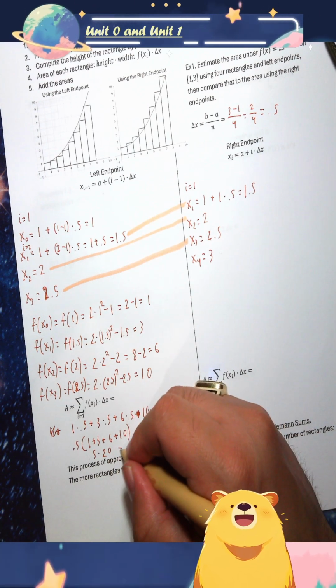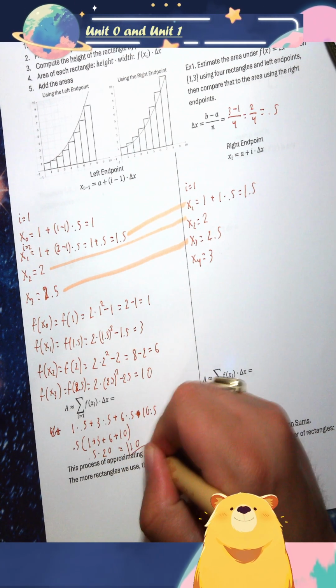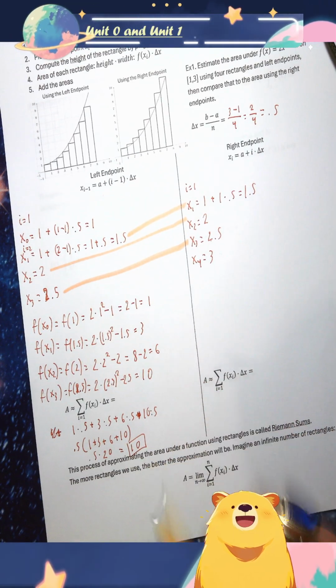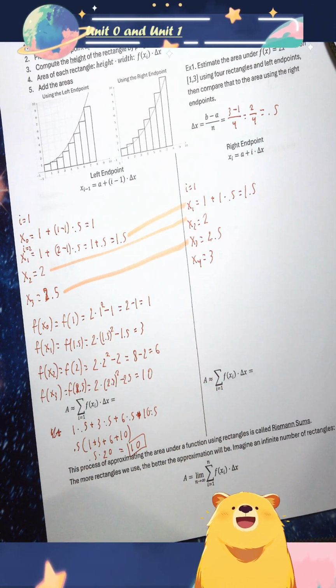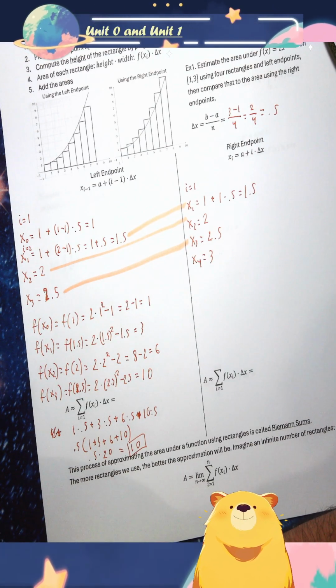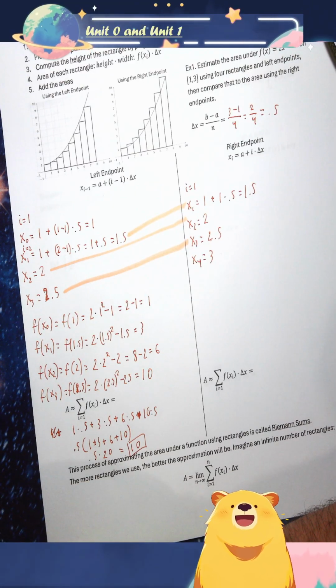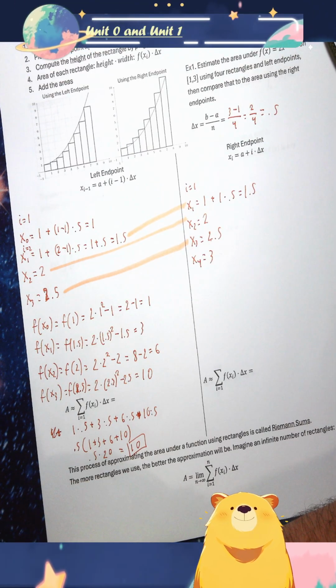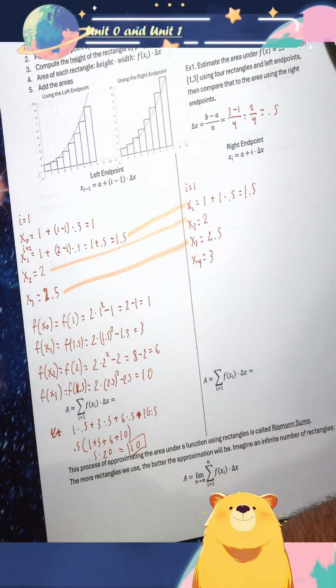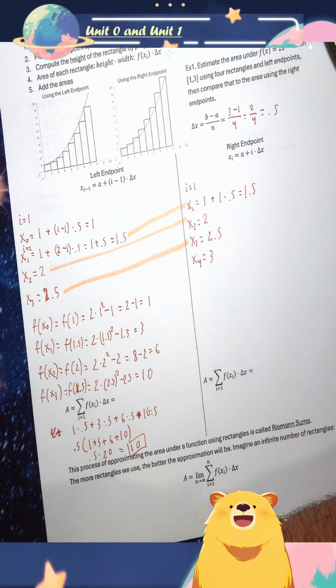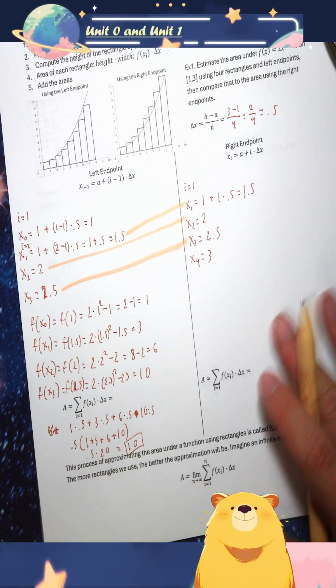So 0.5 times 20 is just going to be 10. And if you want, you can put that expression in your calculator, and you do indeed get 10.